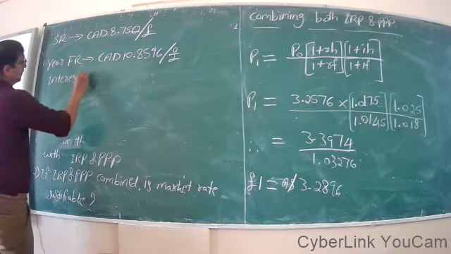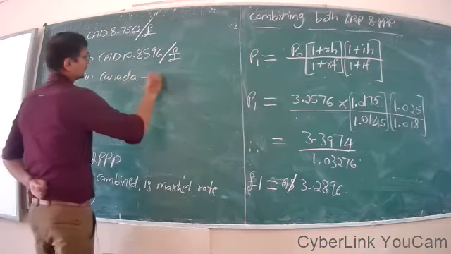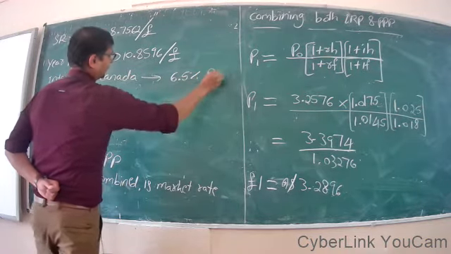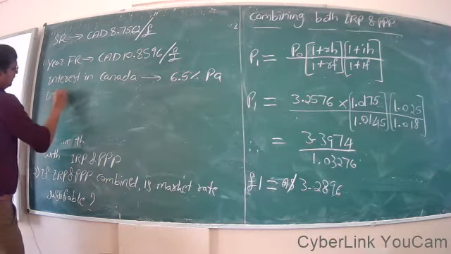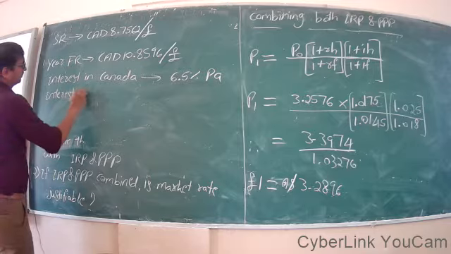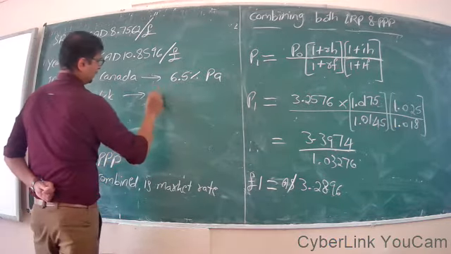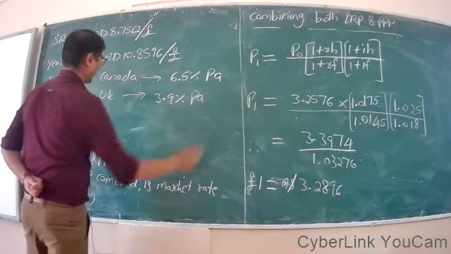Interest in Canada is 6.5% per annum. Interest in UK is 3.9% per annum.